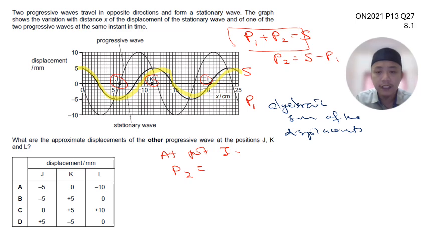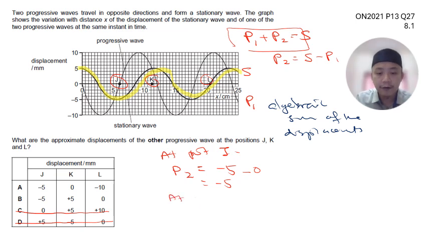P2 is equivalent to the displacement of the stationary wave S, which is minus 5, and what is the displacement of P1 at point J? It will be 0. So sorry, it's not supposed to be plus, it's supposed to be minus. So here you'll get the value at J is minus 5. So automatically C and D are eliminated.